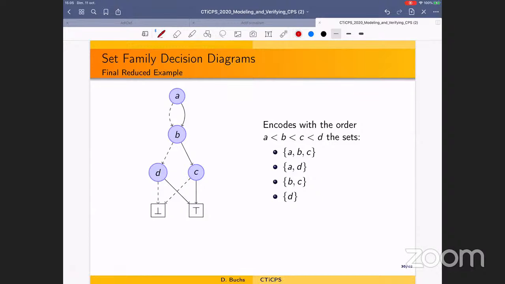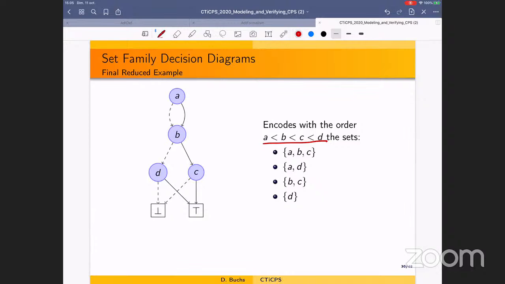And finally, to have a similar representation. So this representation is unique due to the order and due to the fact that there is no link between a node. So here we don't need a take node pointing to the bottom.